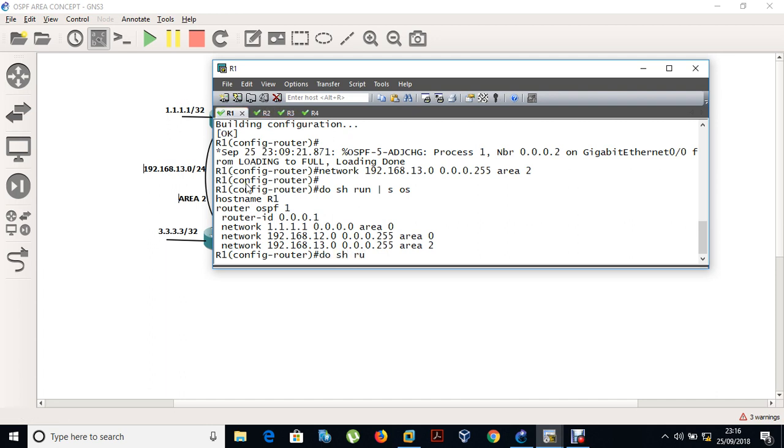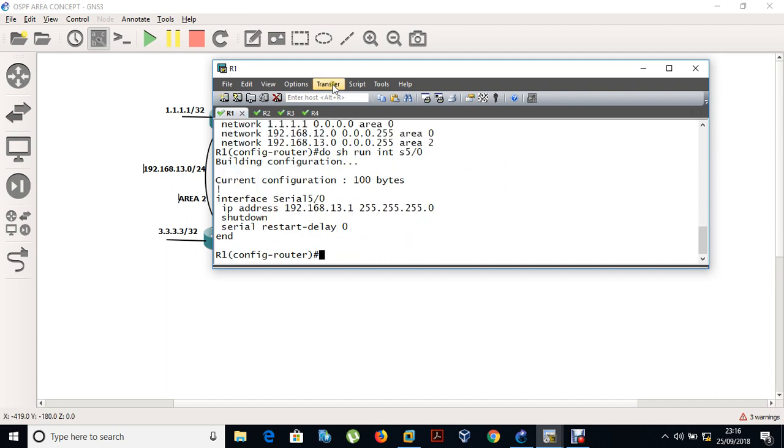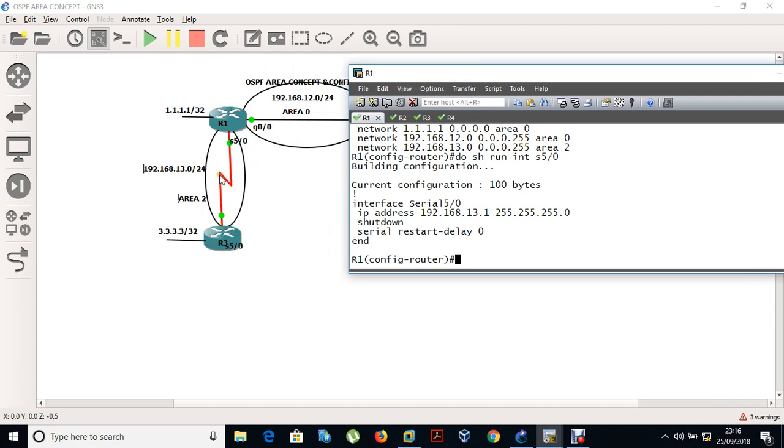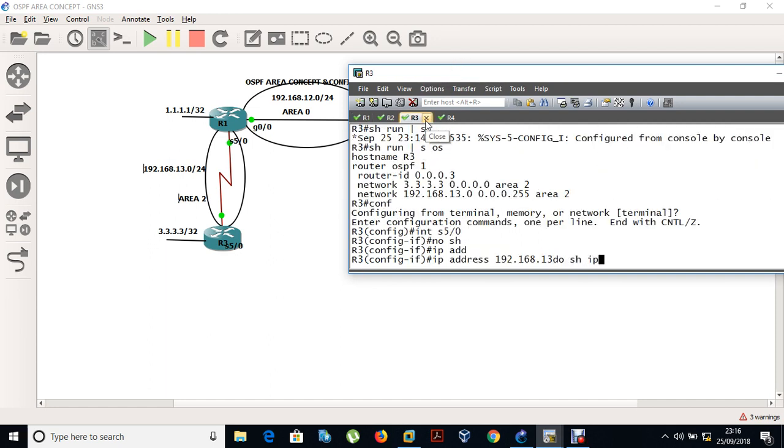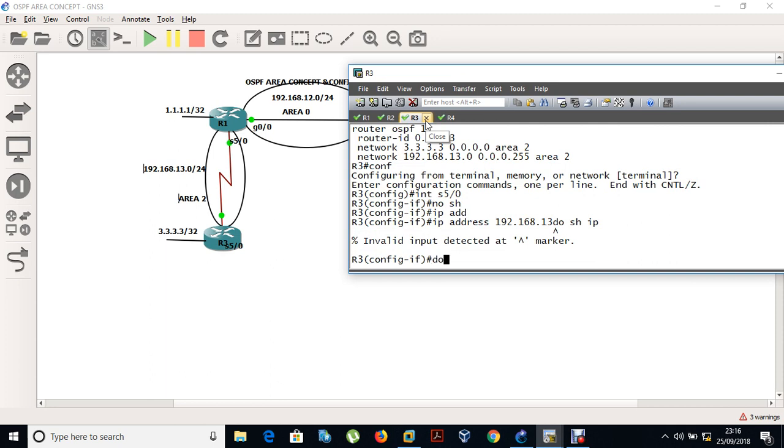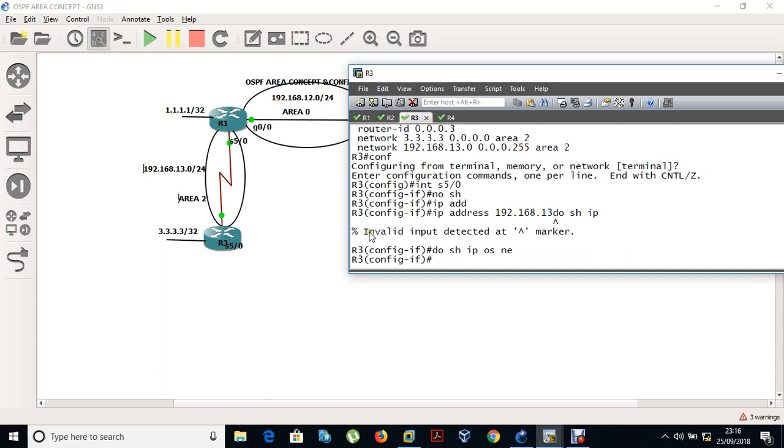So let me go. Do show run interface serial 5/0, because we want to know why this segment they don't show us why R3, for example, do show IP OSPF neighbors, why R3 doesn't have any neighbor with this one.